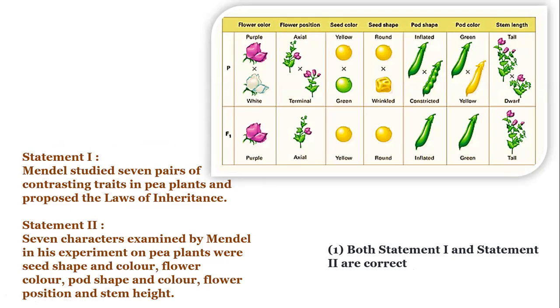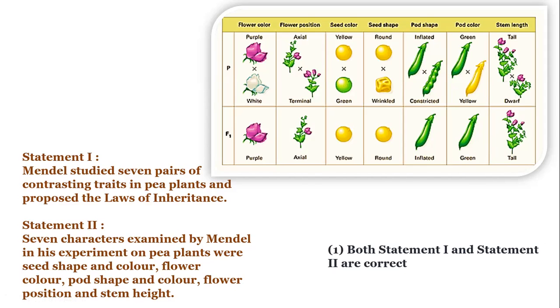Besides that, there is seed shape, which is round and wrinkled, then pod shape, which is inflated and constricted, pod color, green and yellow, and stem length, which is tall and dwarf. So these were the contrasting pairs of characters which Mendel chose.